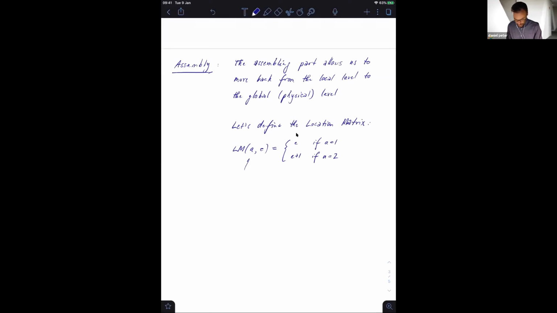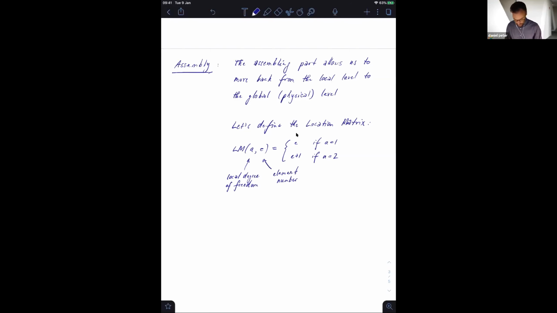So A here, that's our local degree of freedom. And E, that's the element number. And when we define it this way, then it gives us basically the global matrix index for that local point.